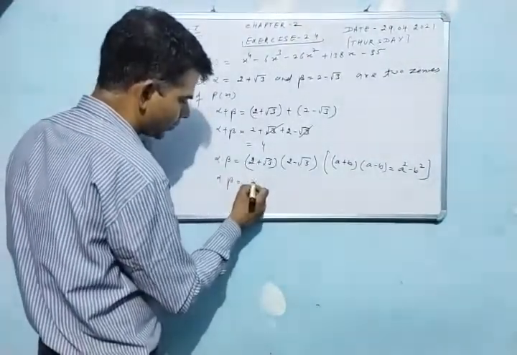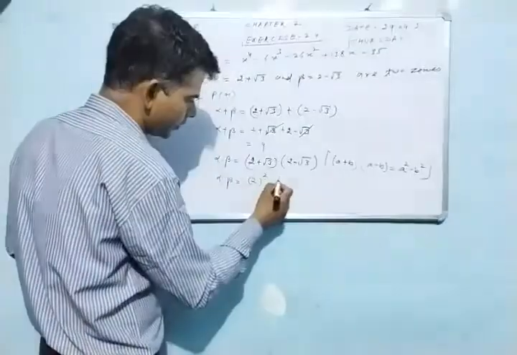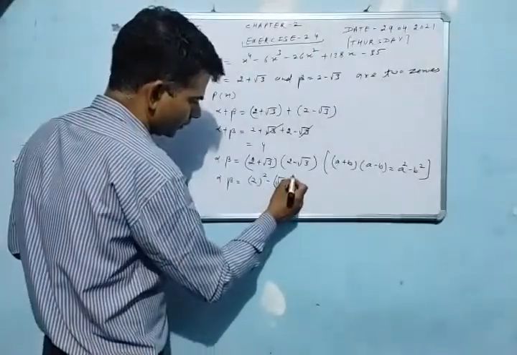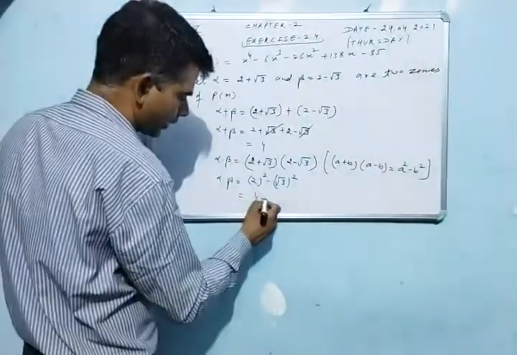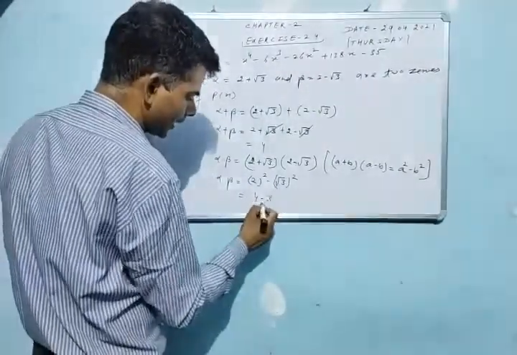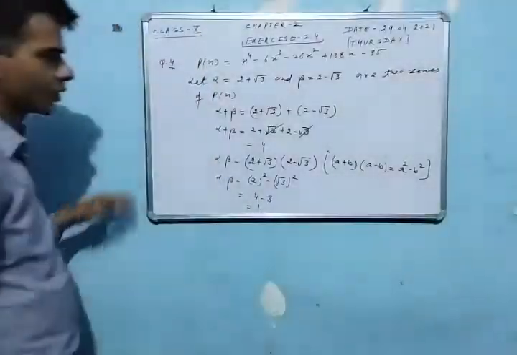What is a? 2 square. What is b? Root 3 square. Now students, the square of 2 is 4 and the square of root 3 is 3, so 4 minus 3 is equal to 1. Students, please note it down.